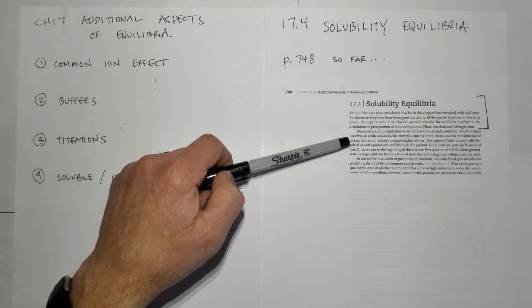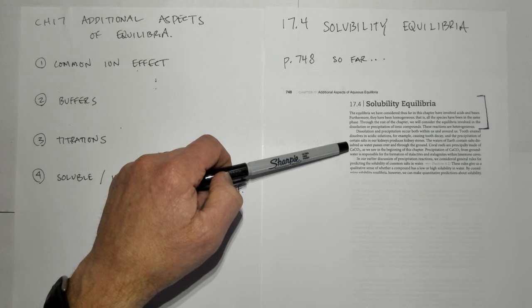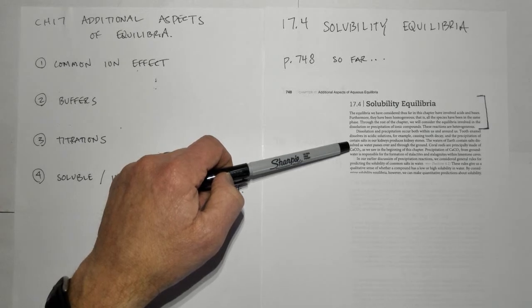The waters of earth contain salts dissolved in water, and as water passes over and through the ground, we have different dissolvings going on. That's how we get calcium or magnesium or carbonate or iron into our water, making hard water.